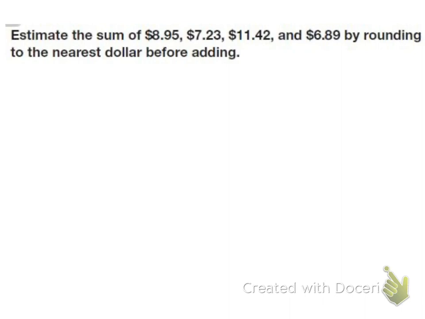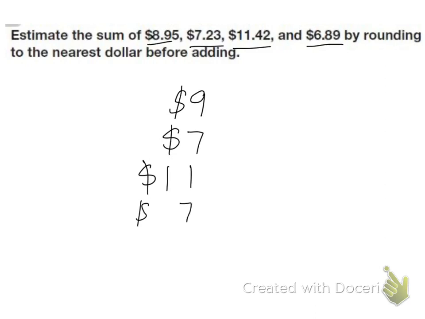If it's less than 50, then I round down. So $8.95 rounds to $9. $7.23 rounds to $7. $11.42 rounds to $11. And $6.89 rounds to $7.